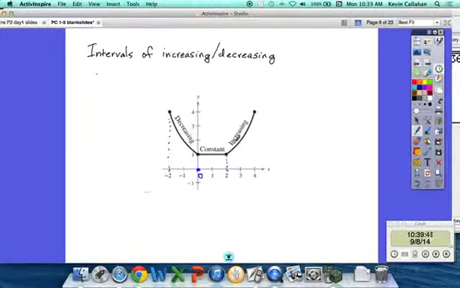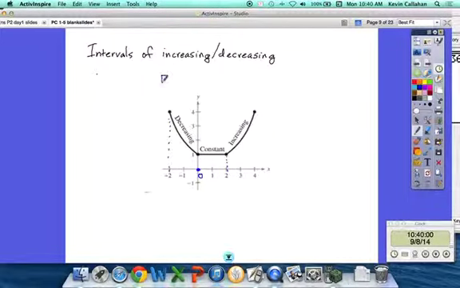The important thing, and where we make the most mistakes with this, is that when you're asked for an interval of increasing and decreasing, we're talking about the x values. They're intervals of x. So for example, here, I would say that the interval of decreasing is from -2 to 0.